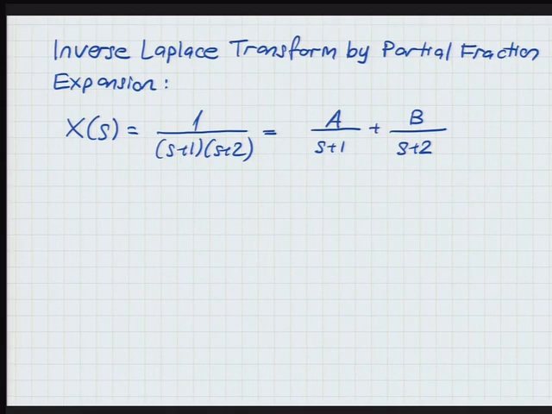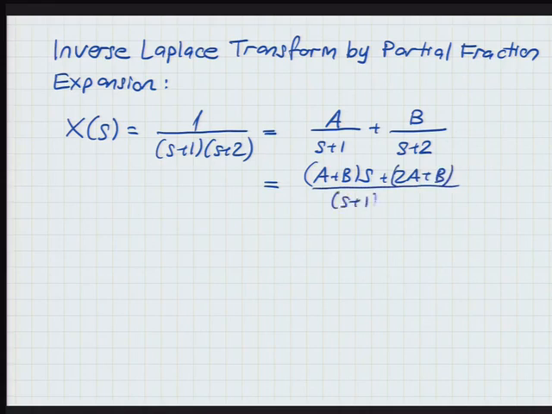So how do I find a and b? We did variants of this in other examples in Fourier transform. So you just simplify the expression on the right and make it look like what's on the left. So the right gives you (a plus b)s, and then 2a plus b. Is that clear to everyone where this came from? Yes? No?